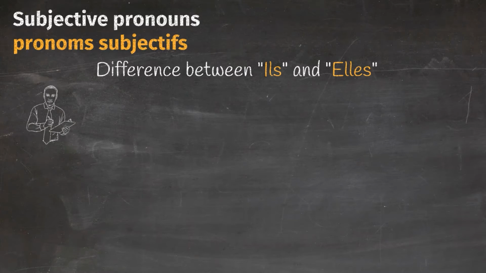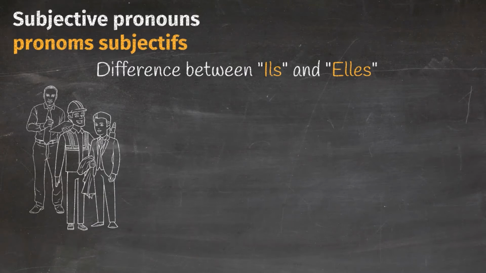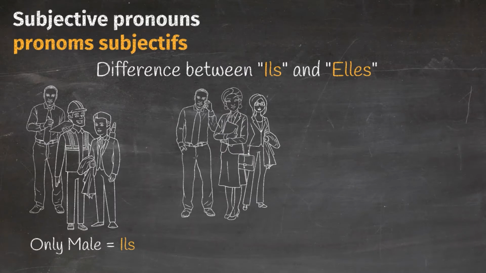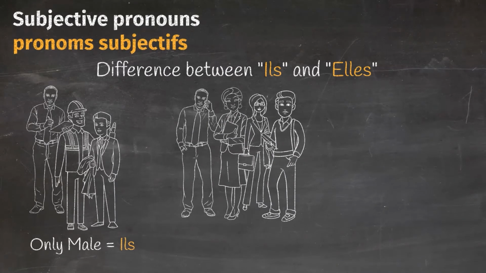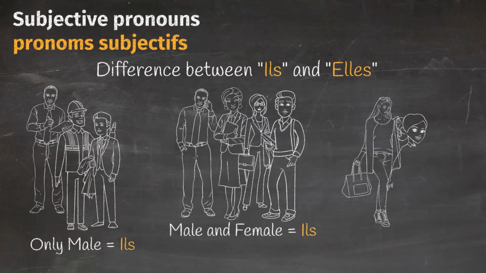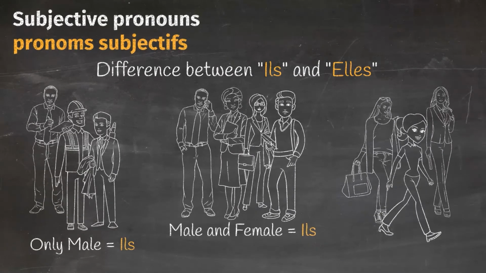Well, if we are talking about a group of male people, I mean with male gender, in this case, we use ils, and if we are talking about a group of male and female people, I mean a mixed gender group, in this case we use ils, and if we are talking about a group of female people, I mean a group with female gender, in this case we use elles. And that is the difference.